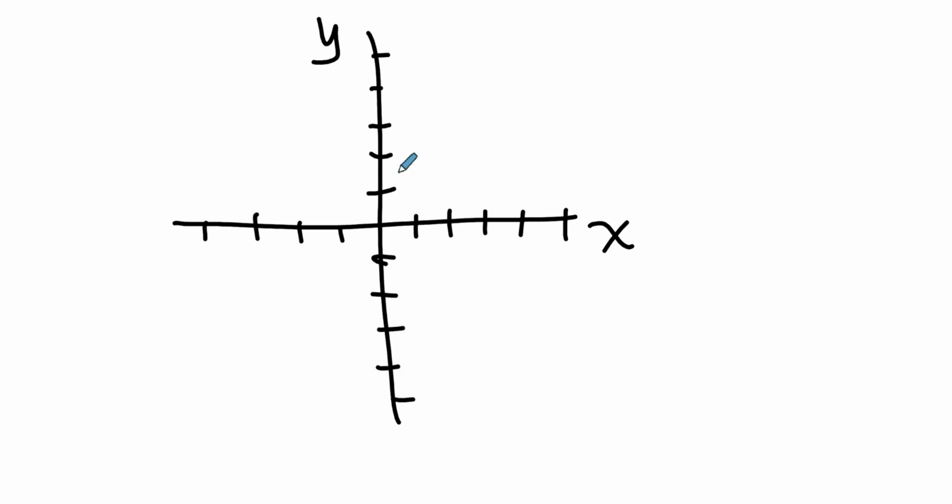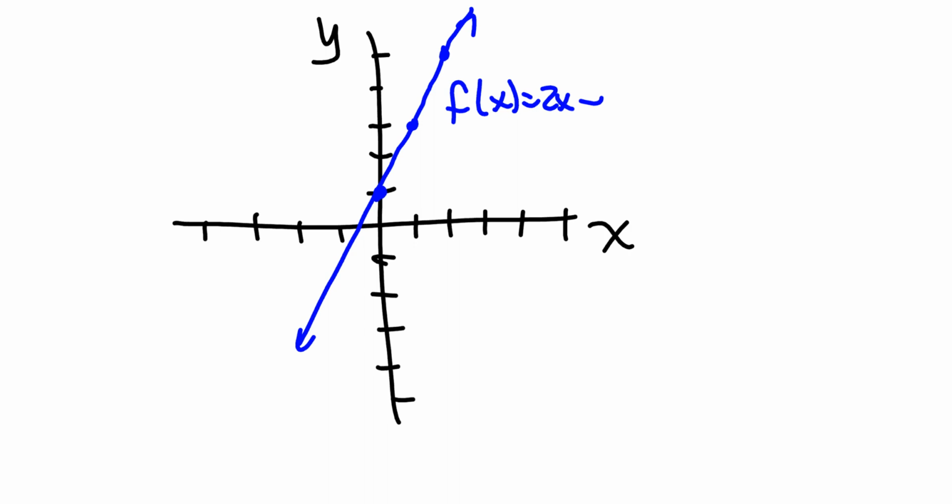One of the ordered pairs was 0, 1, so there's 0, 1, and one of the ordered pairs was 2, 5, there's 2, 5, and one of the ordered pairs could have been like 1, 3, double and add 1, and if we took all the possible inputs, all of the possible real numbers, we would get something that looks like this. All of these represent the same function.